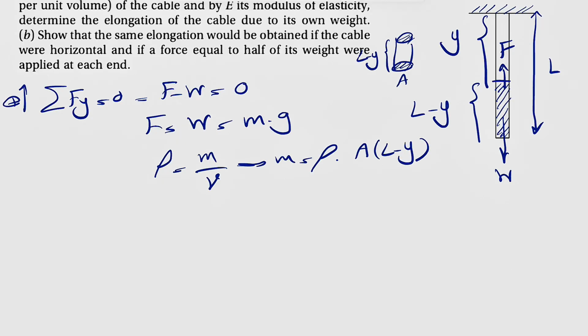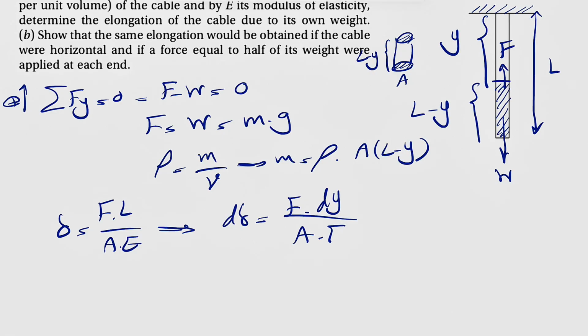So we had our formula, which was delta, or elongation, equals force times length over A times elastic modulus. Basically, we're going to have the derivative of delta as F times dl. We call our moving in vertical direction y, so it's going to be dy over AE.